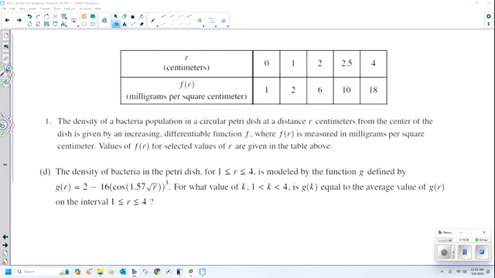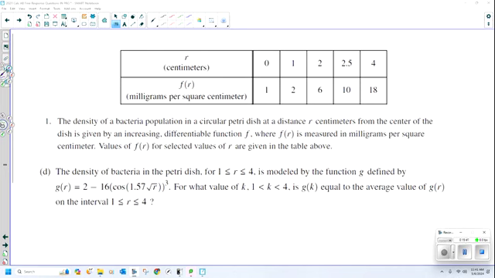For what value of k, and k should fall between 1 and 4, is g of k equal to the average value of g of r on that interval from 1 to 4.